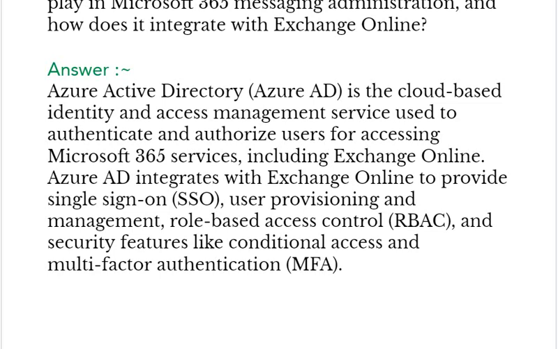Azure AD integrates with Exchange Online to provide single sign-on SSO, user provisioning and management, role-based access control RBAC, and security features like conditional access and multi-factor authentication MFA.